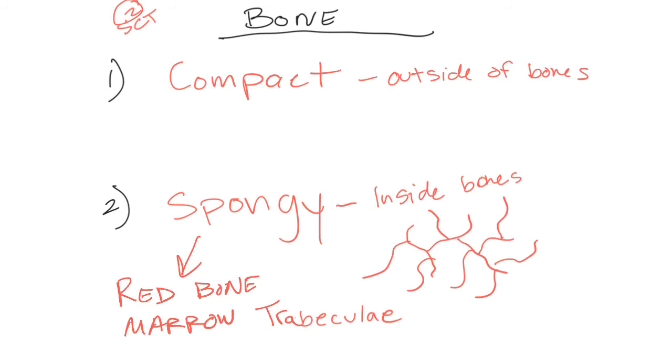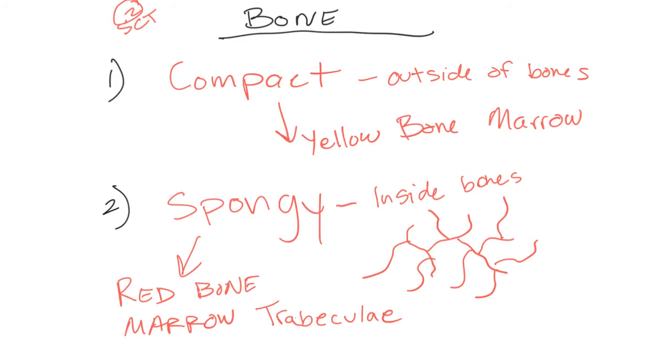If you have compact bone without spongy bone in there, then that's where yellow bone marrow is made, which is mostly fat. Which is why dogs like to eat bones. They like to eat the marrow out of the middle.